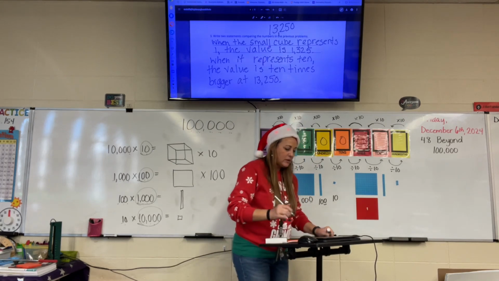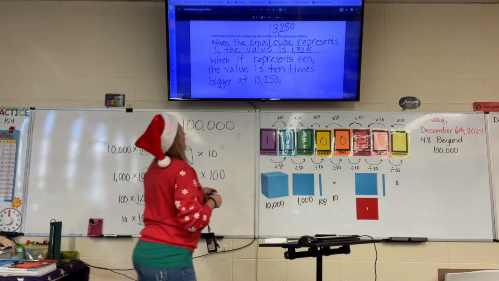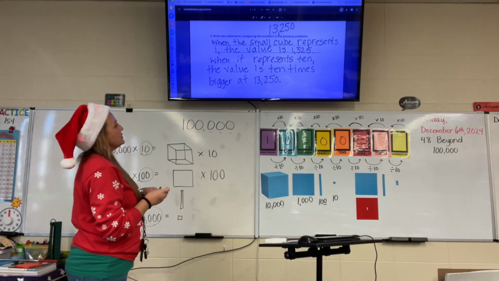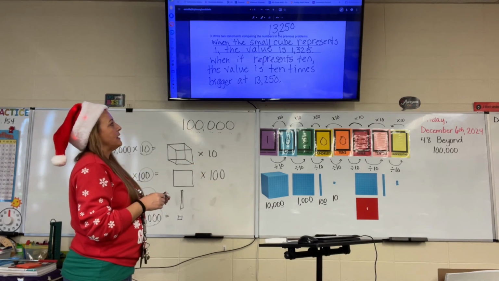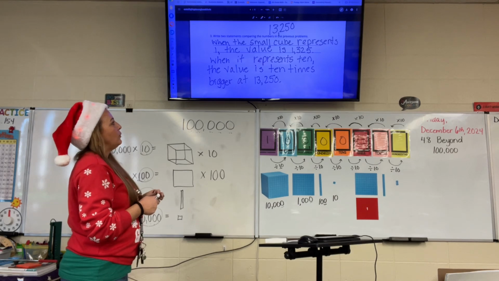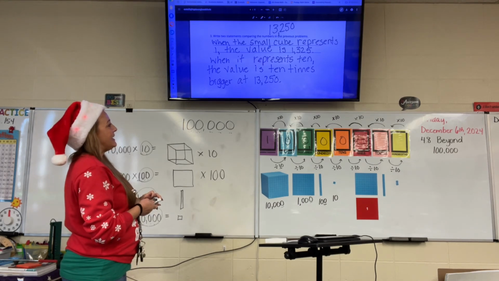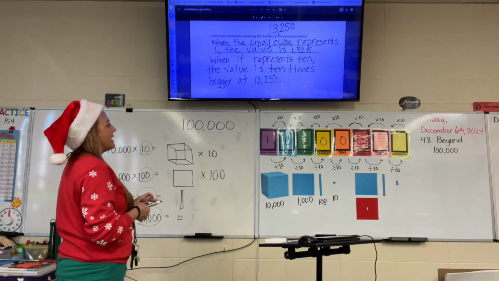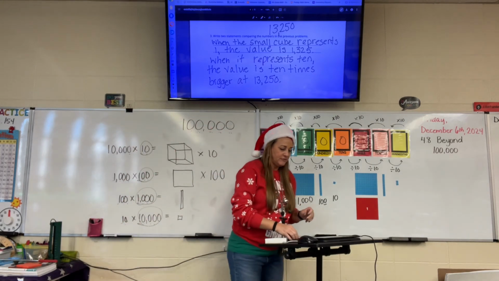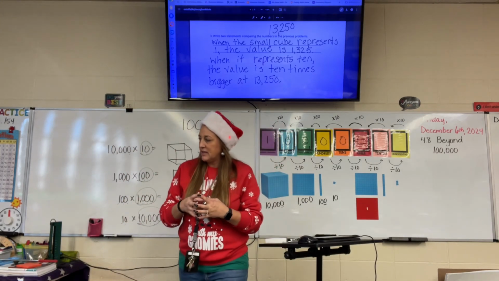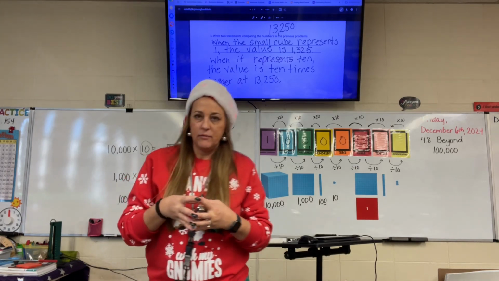So here's what I want you to write down. When the small cube represents 1, the value is 1,325. When it represents 10, the value is 10 times bigger at 13,250. So that'll be the last thing, and then your practice page will be 154.